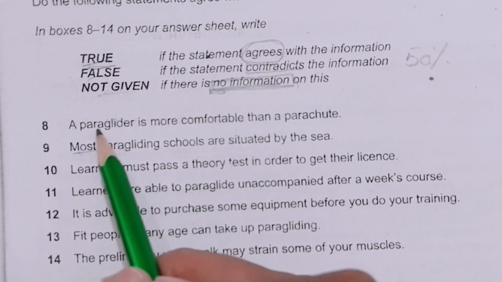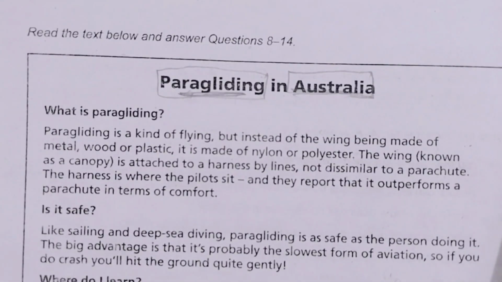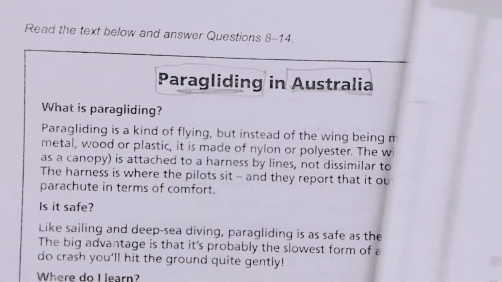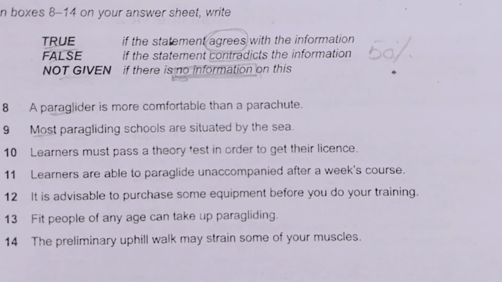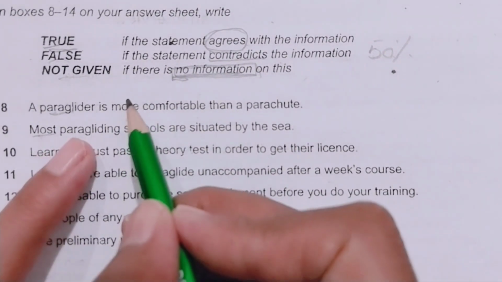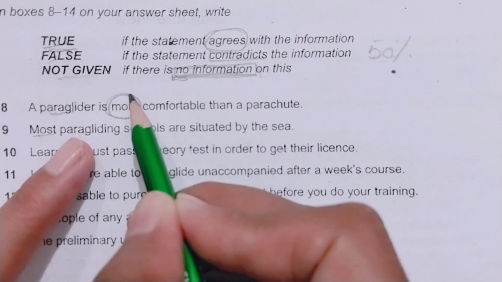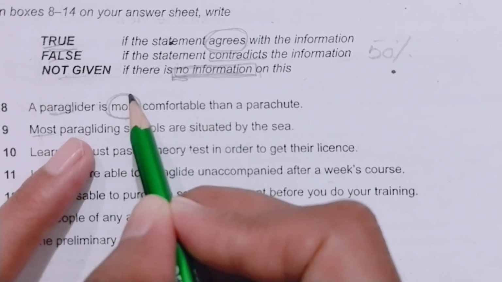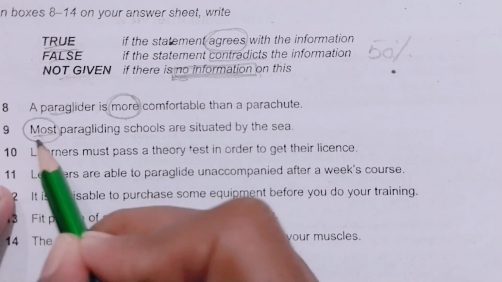So as usual, first of all we will start here. A paraglider. The topic is about gliding in Australia. So, a paraglider is more. We will concentrate on the most important thing that will help us to get our answer correctly. What is more important in true false not given?